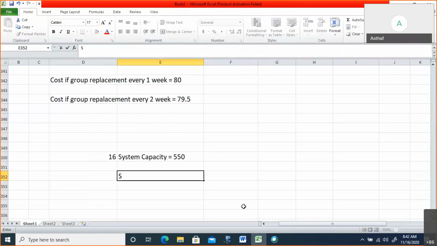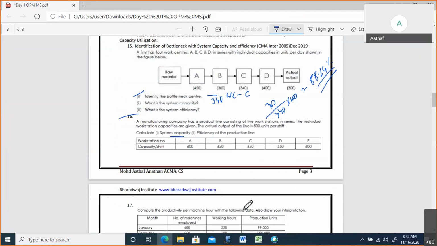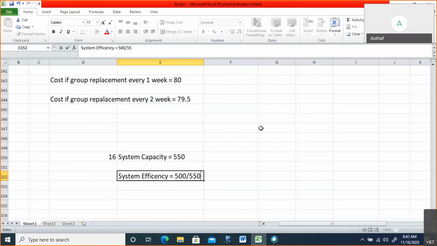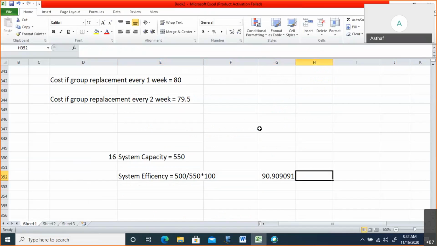What is system efficiency? System efficiency is what? Your actual output 500 by 500. This is coming to 100 percent, that is an exception. How interesting? Copy fast.